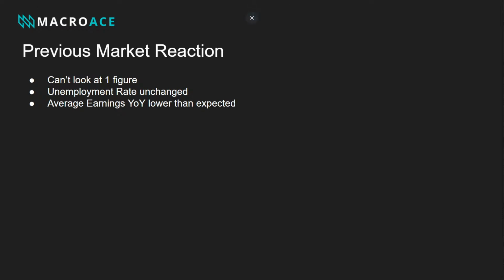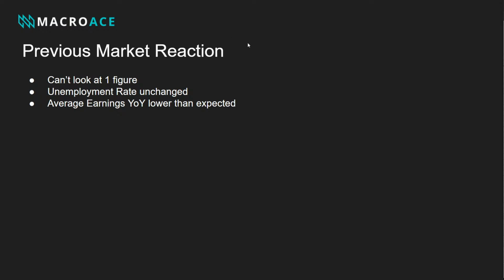If I just bring that up here for you, the previous figure was 5.6%, and the actual figure came out at 5.5%. So for traders and economists, they're thinking the inflationary pressure from average earnings year on year is showing some reprieve, easing or dampening.